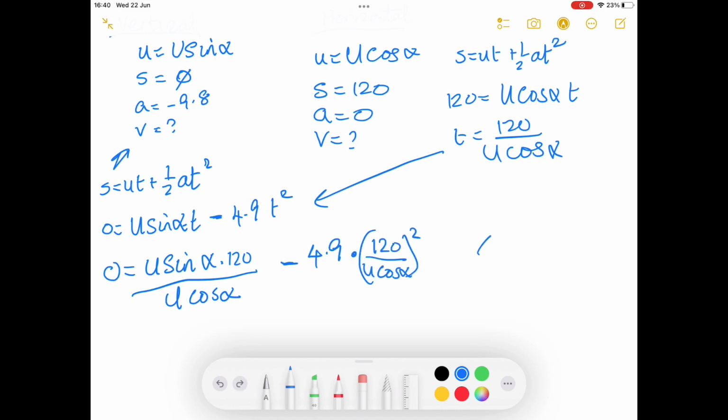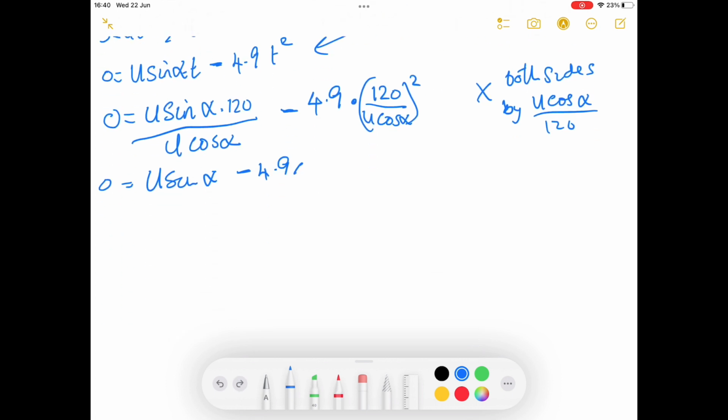And what we can then do is multiply both sides by u cos alpha over 120, and then you're left with u sine alpha minus 4.9 times 120 over u cos alpha. Right, and you're nearly there.